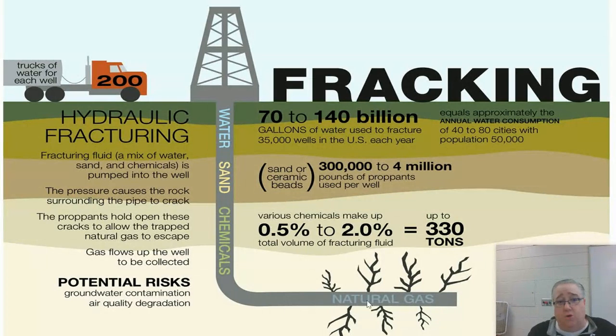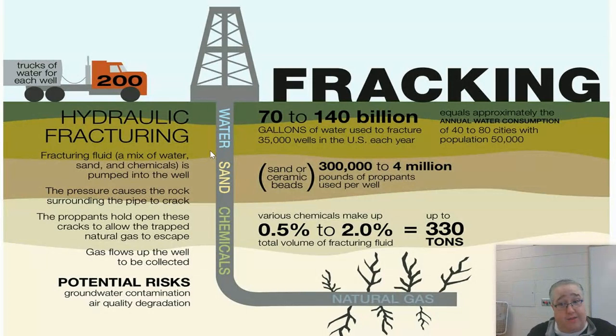And then what they do is they pump this full of three things: water, a tremendous amount of water, mind you, sand, and also chemicals. We'll come back to the chemical part in a second. But I want to just look at the water, for example. It says here 200 trucks of water are used for each well.